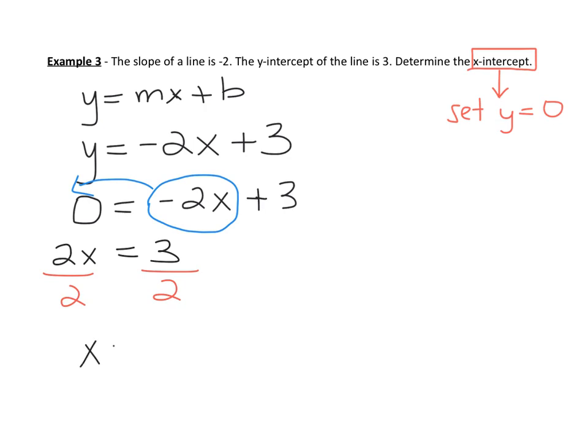And in doing that, 3 divided by 2, well, if I really wanted to, I could leave it as a fraction. Or if we really wanted to put it as a decimal, we could divide. And 3 divided by 2 is 1.5. Remember that you should always express your intercepts as coordinate points.